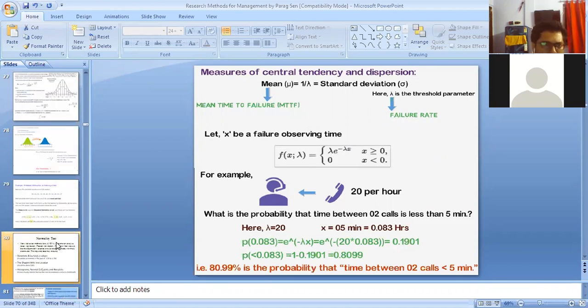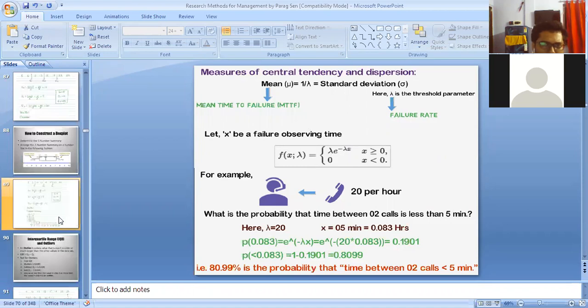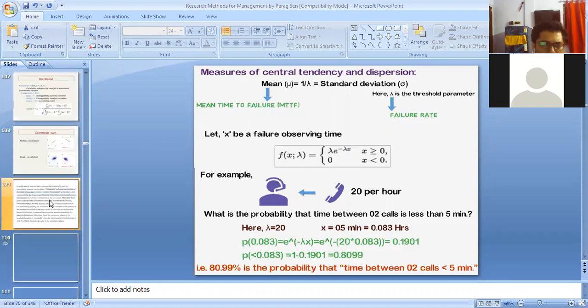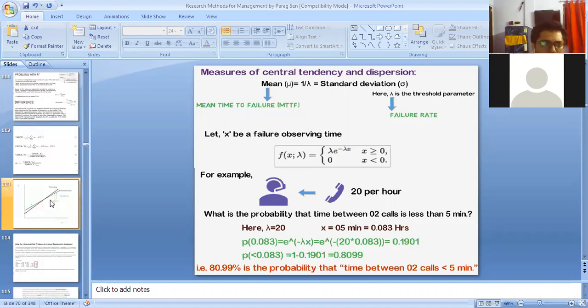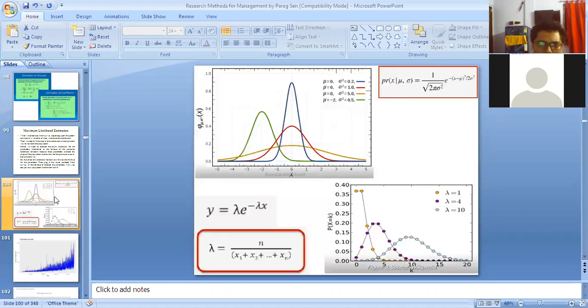Okay, now you know about the likelihood function. Now you will ask one question: whenever I see this likelihood function, there are not only terms of x, but also some other terms.